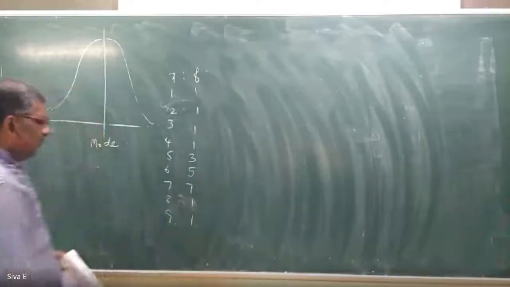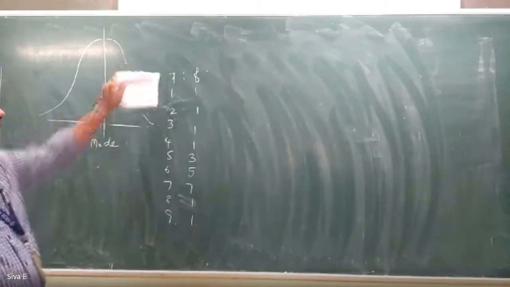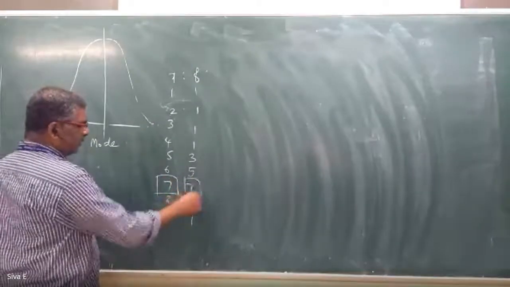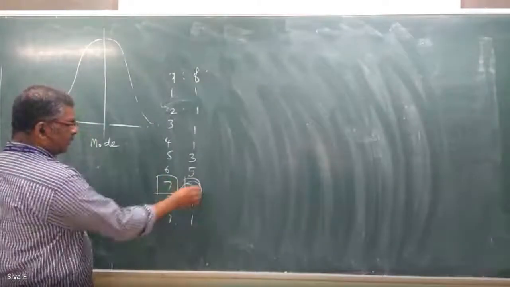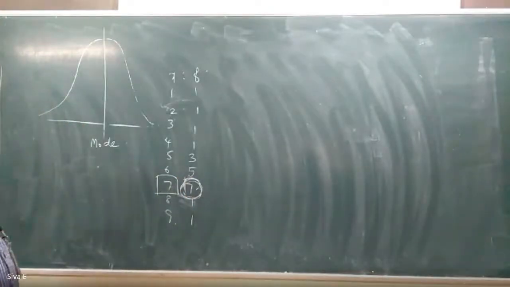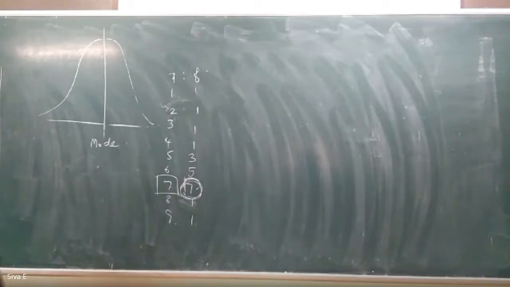It is a frequency, it is the observed value. So very simply we can say that 7 is the mode because 7 repeats 7 times. There is no other way. 7 is the mode.